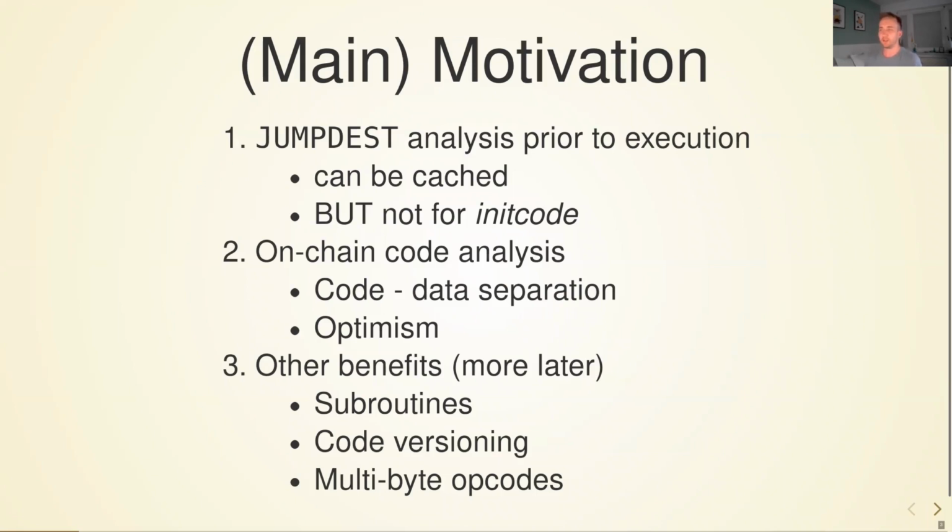The problem is that you need to know which are the valid jump destinations before you can actually start executing. There might be a clever way of doing that, but in the worst case, you have to analyze all of the code you got. This is an attack vector, but it's also a performance penalty.